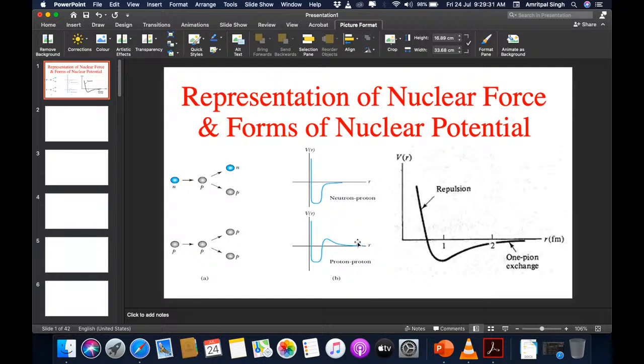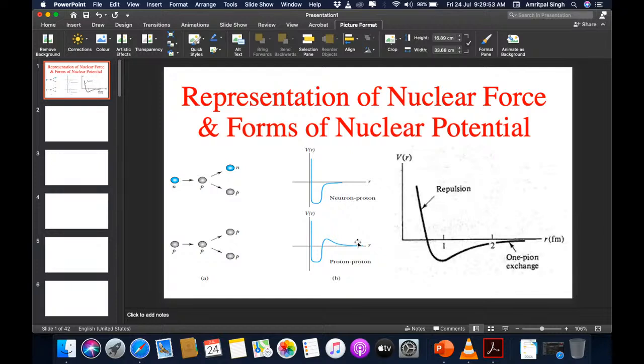In today's lecture, we will discuss the representation of nuclear forces. We will discuss what type of exchange forces exist, and due to these exchange forces, how the interaction between neutron and proton happens within the nuclei.